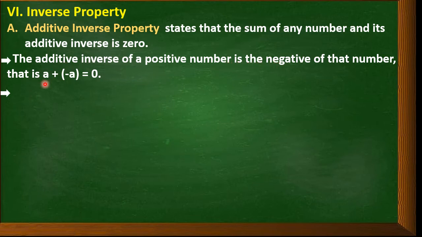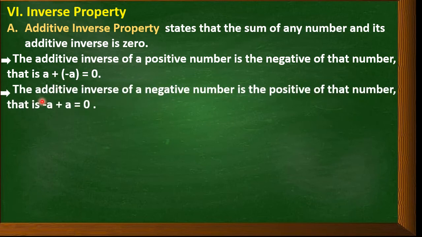That is, a plus negative a is equal to 0. So, the additive inverse of a is negative a. Once we add the two, the sum is 0. On the other hand, the additive inverse of a negative number is the positive of that number. That is, negative a plus a is equal to 0.